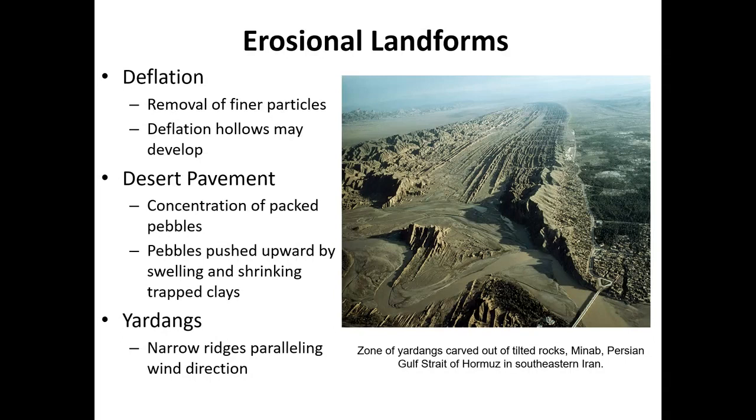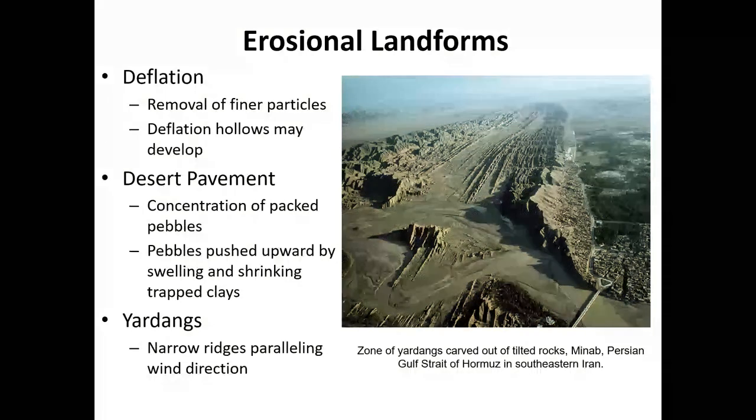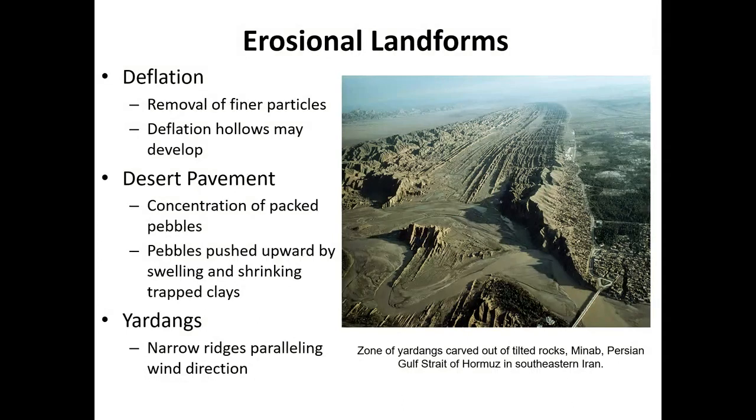Other kinds of erosional landforms in deserts include desert pavement. That's where you have a concentration of pebbles, usually in a windy area where the lighter particles of sand are blown away and the heavier pebbles remain in one spot. And then you have deflation, which is the removal of finer particles, which helps lead to desert pavement where the larger particles remain.